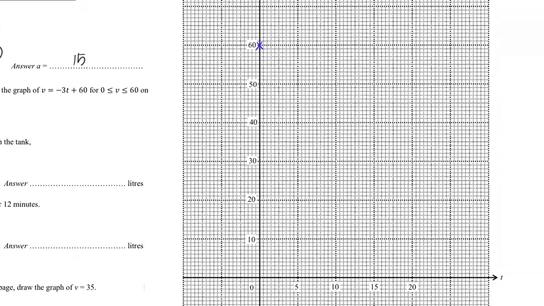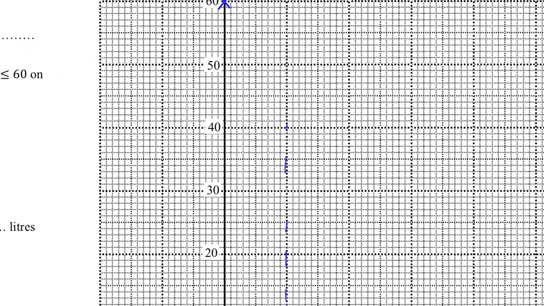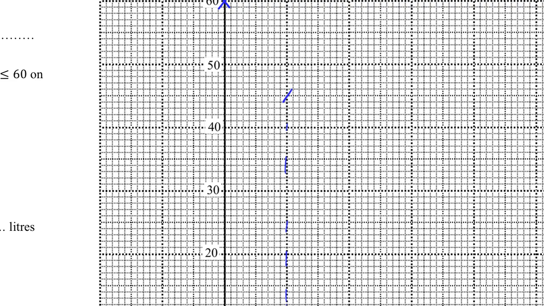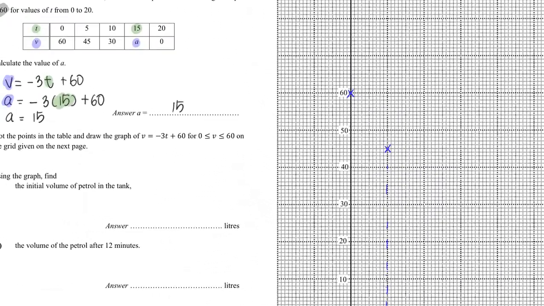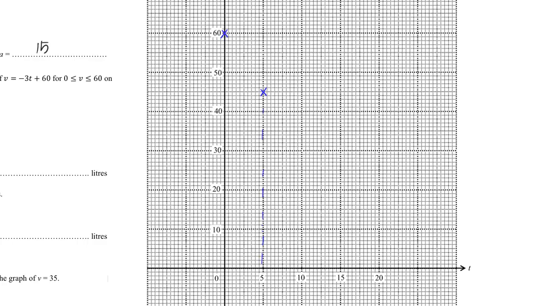So I'm going to go to the graph, 5. 45. So it will be somewhere here. 10 and 30. So T is 10.